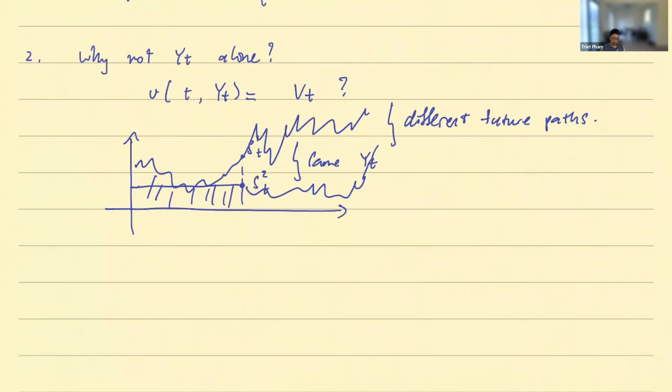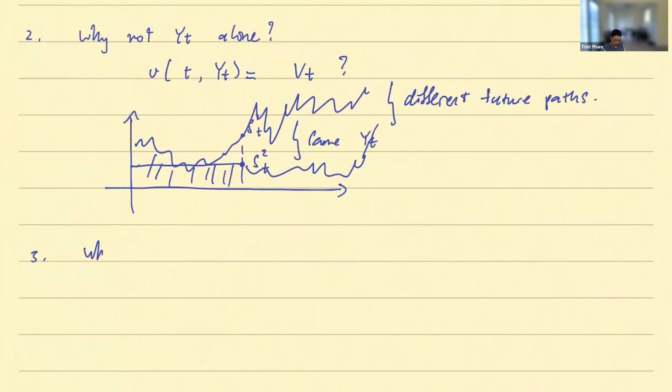Is that okay? So now, maybe we still need the positive answer. Why are these enough? Are we sure it's enough? Because this shows that Y_T alone is not enough.